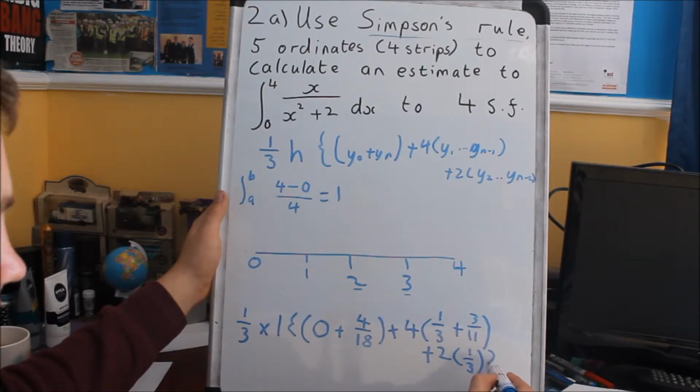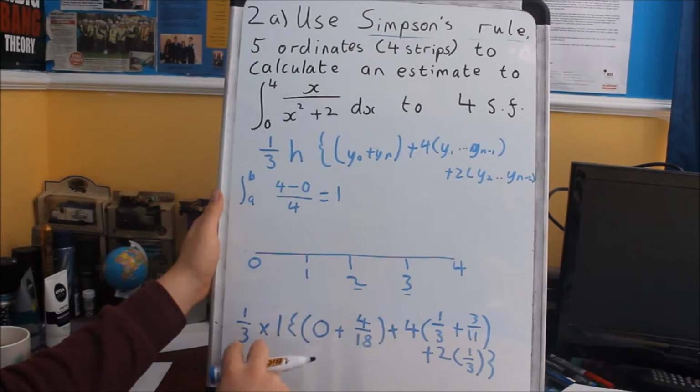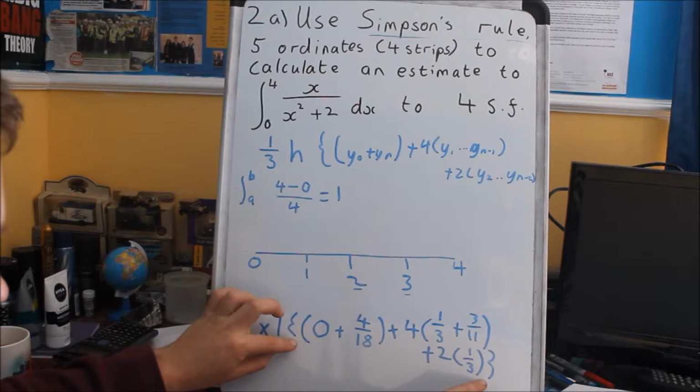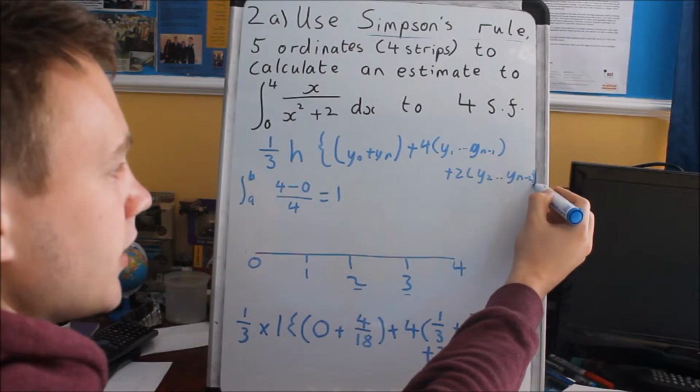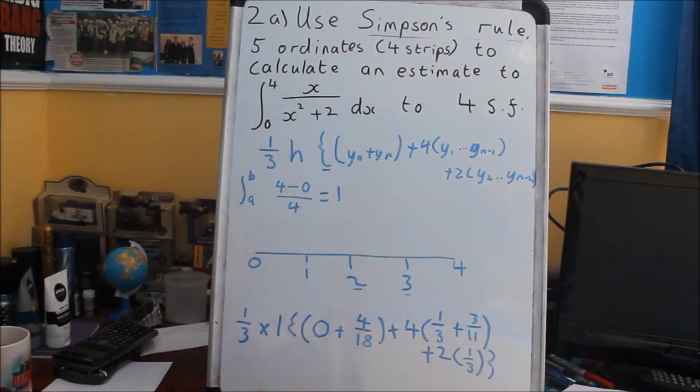Now you'll notice all of this is in a huge bracket. There's a third times 1 times by everything in this bracket added up. So make sure you use your brackets properly, and the brackets are in your formula booklet as part of the formula. Really there should be another closed bracket there to close this one, I ran out of room. And that was a common mistake that people made on this part: sometimes they typed it into the calculator wrong.